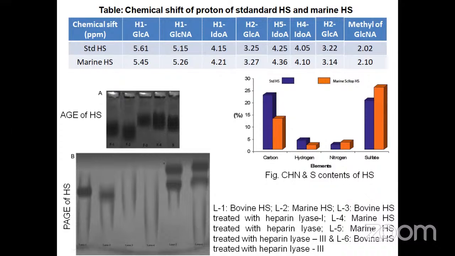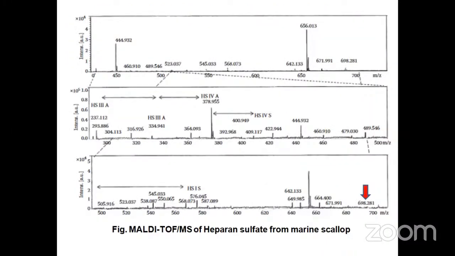We confirmed these things, and after that it was taken for molecular weight determination. Why we are concentrating on this, as I told you: if the molecular weight is less than or around 500, it is easy to confirm your biological assay, whether in a rodent model or in the clinical sector. The molecular weight of this isolated marine mollusk heparan sulfate is 690 Dalton.